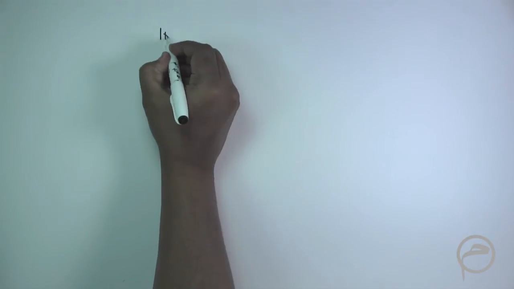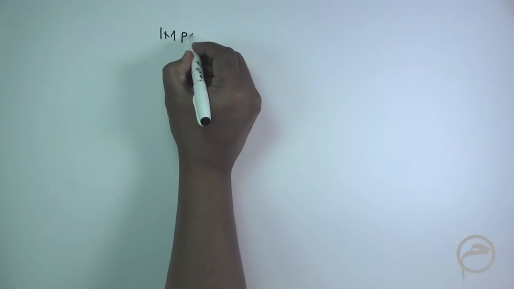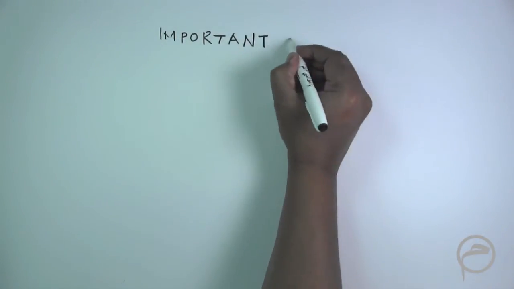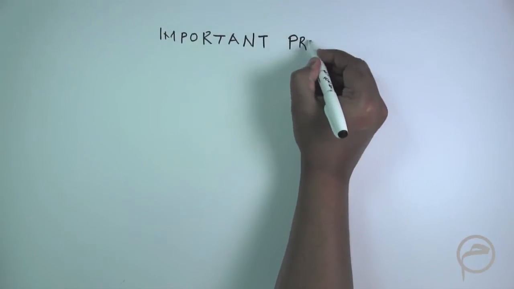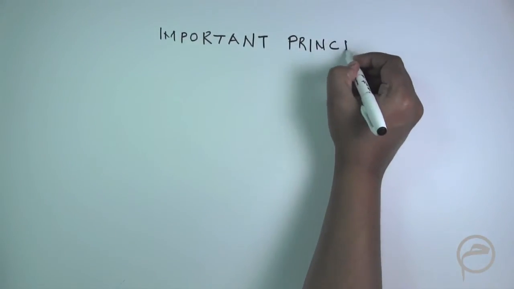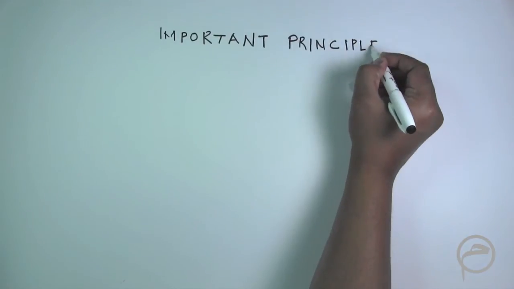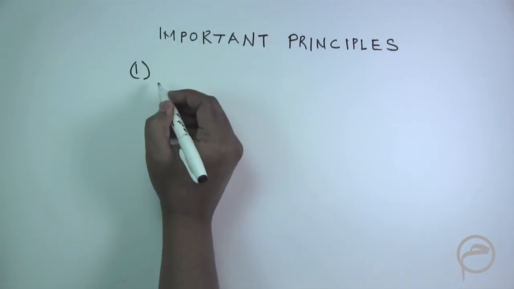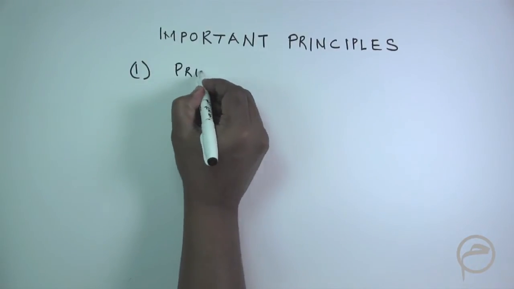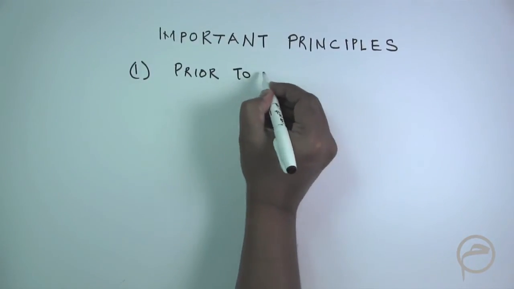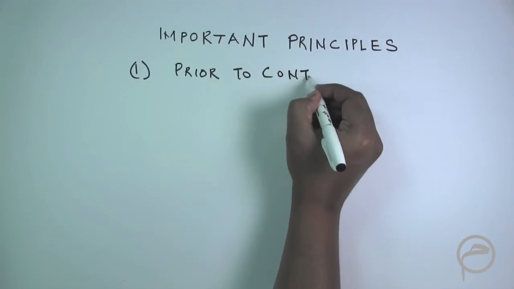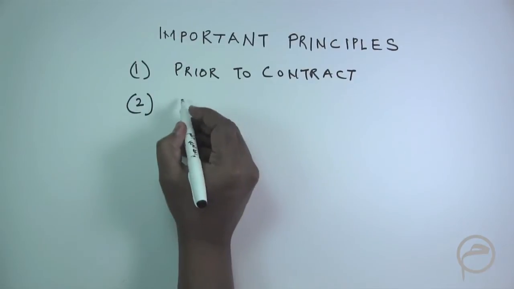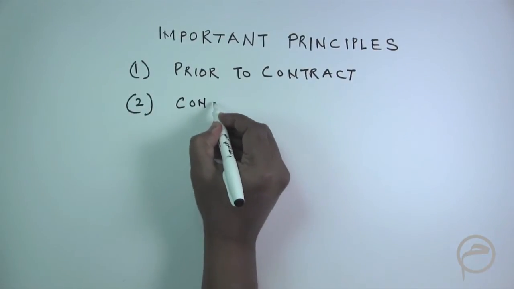So, important principles. Number one is prior to the contract. Number two is contracting parties.